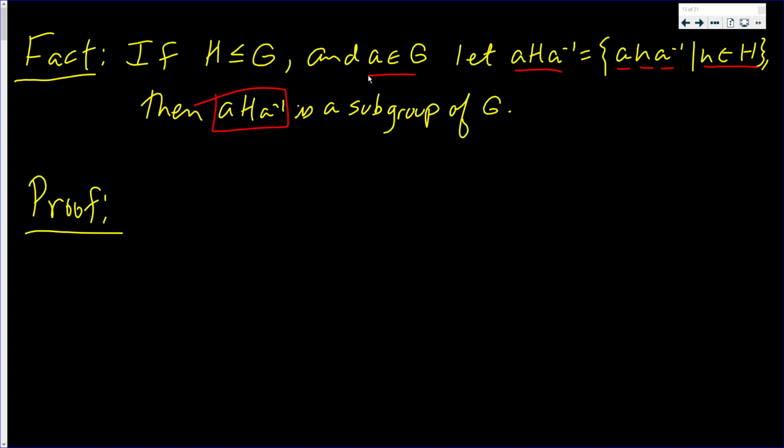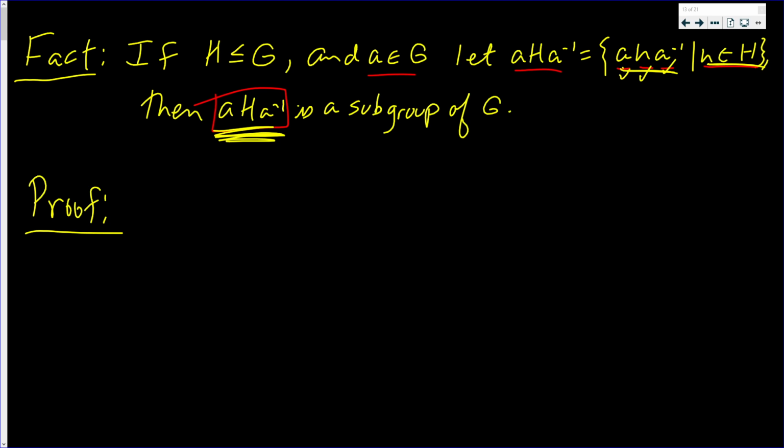Okay, so to show that this set is a subgroup of G, first of all, it is a subset of G, because a is in G, H is a subgroup of G, so little h is in G because little h is in big H, and a inverse is in G. So this whole set is in G regardless of which h you pick.